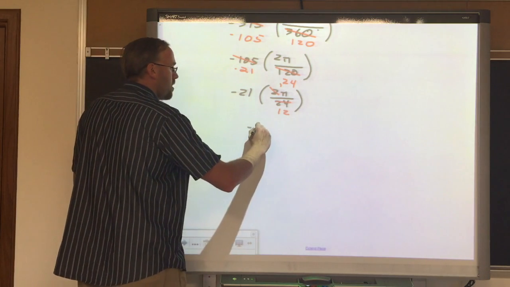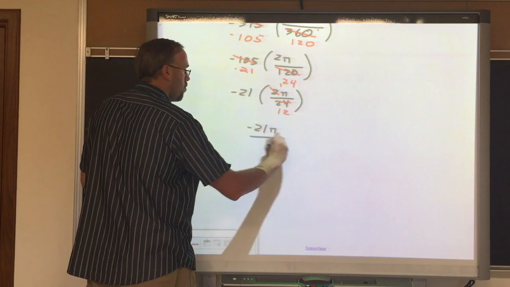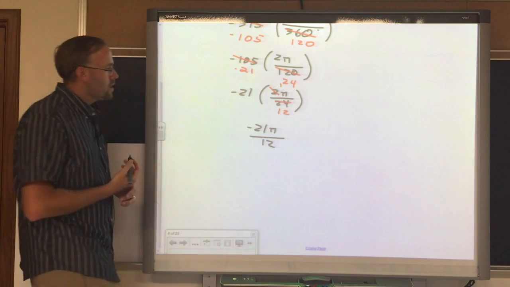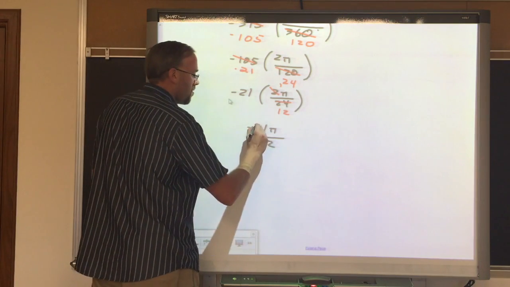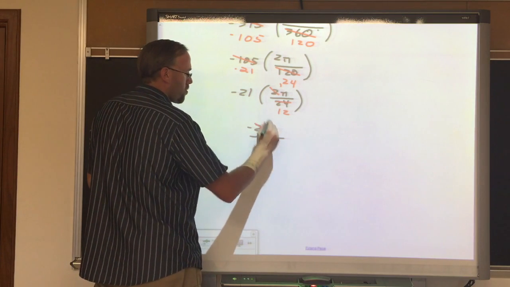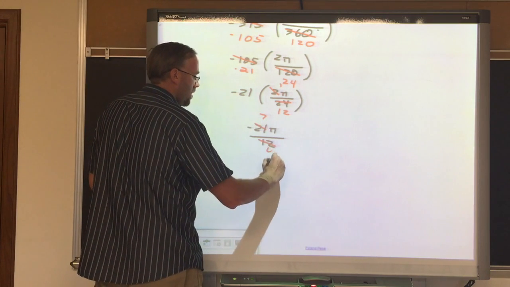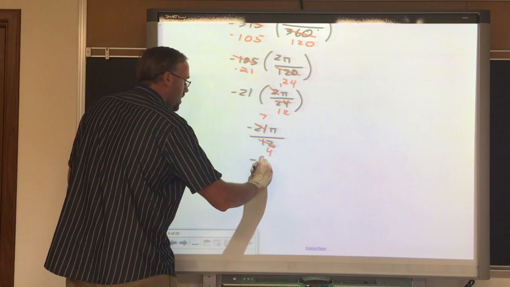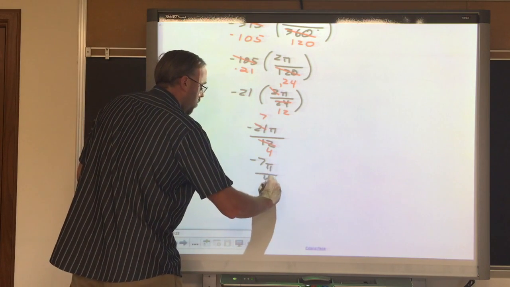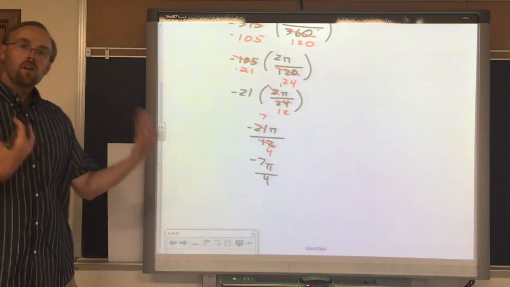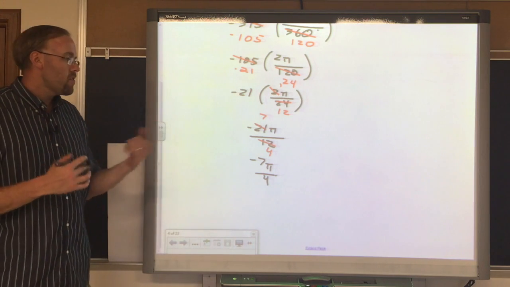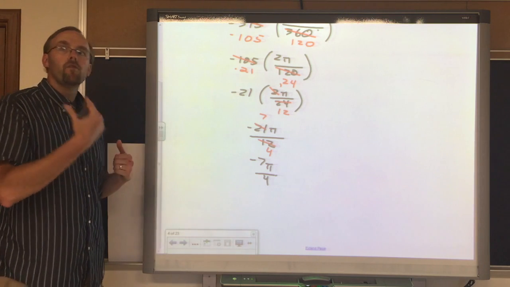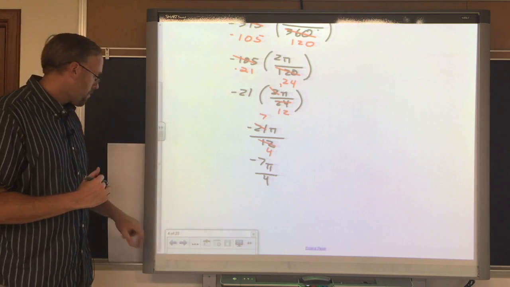So I have negative 21 pi over 12. Can I simplify that some more? Yes, I can cancel another 3, leaving 7 and 4. So I have negative 7 pi over 4. Again, no need to say radians because I'm not using a degree symbol. The default is there's no degree symbol, you're talking about radians here.